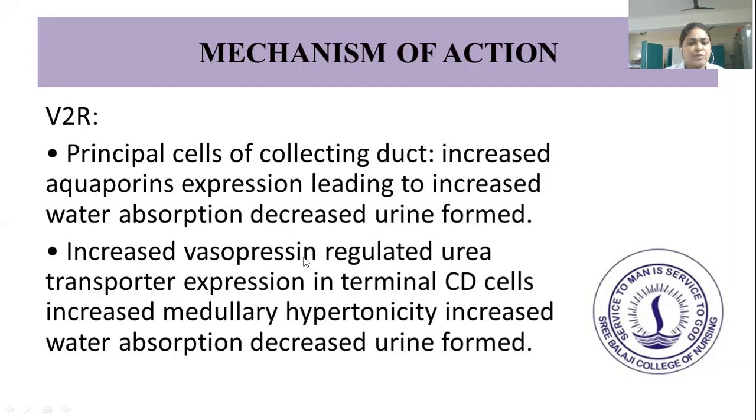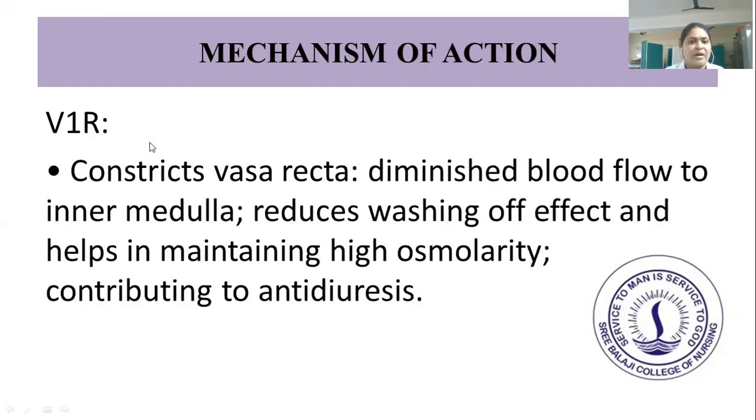The increased vasopressin regulates the urea transporter expression in terminal collecting duct cells and increases the medullary hypertonicity, increased water absorption, decreased urine formation. V1 receptor constricts the vasa recta, that is, it diminishes the blood flow to the inner medulla. It reduces the washing off effect and helps in maintaining high osmolarity and contributing to the antidiuresis effect.